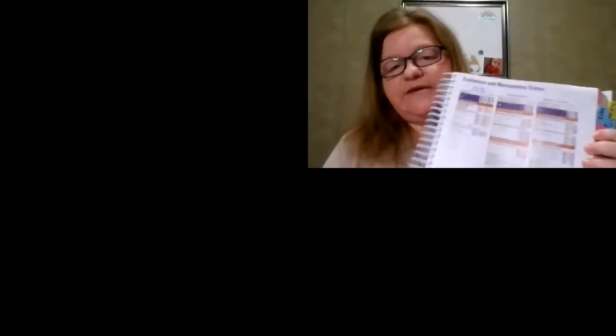The next label I have is a major section, the evaluation and management section. Where I put my label was not really in the meat of that section, but at the very beginning where these E&M tables are, because those are a handy quick reference when you're looking for evaluation and management codes.